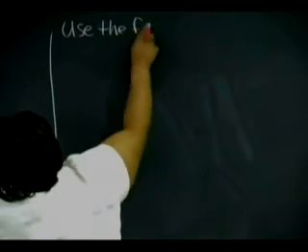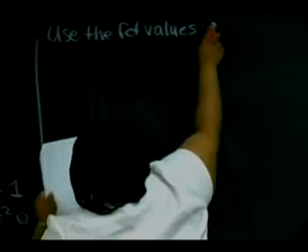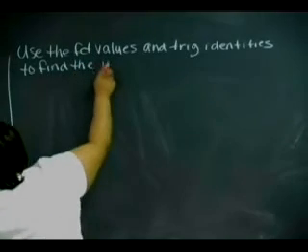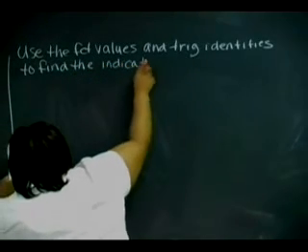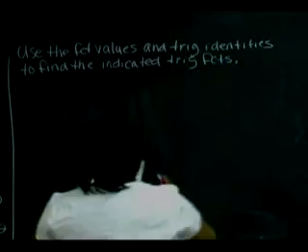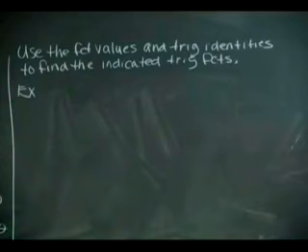We want to use the function values and trigonometric identities to find the indicated trig functions. For example, first example, we'll use these directions for a couple of examples, okay?